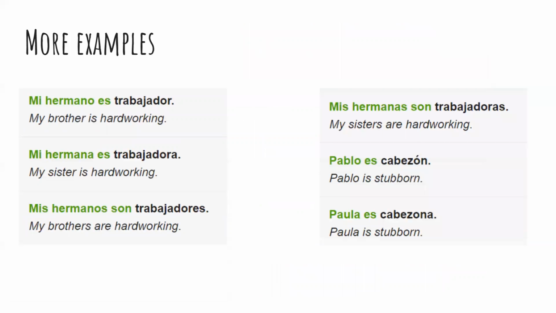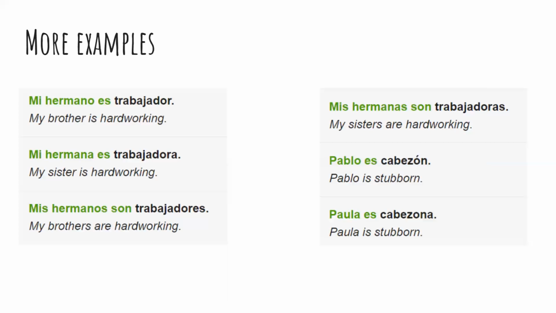Some more examples. Mi hermano es trabajador. My brother is hardworking. Mi hermana es trabajadora. So we changed trabajador to trabajadora to make it feminine. Next, we have mis hermanos. So we're making hermano plural. Son trabajadores. So to make trabajador masculine and plural, it changes to trabajadores.